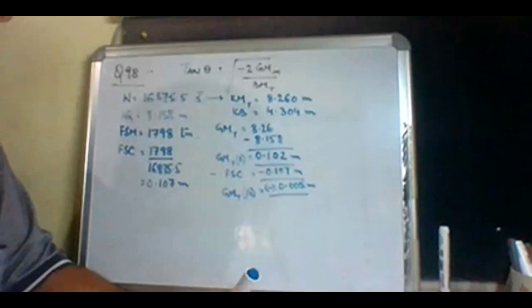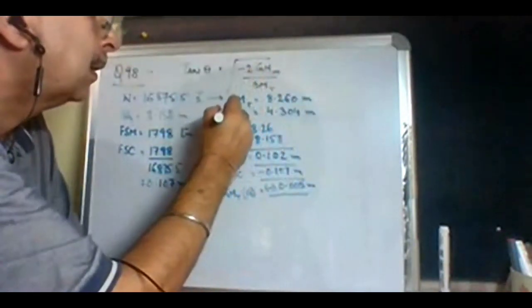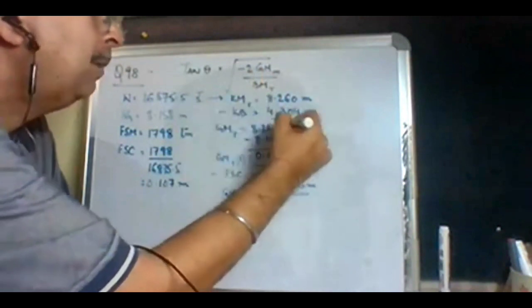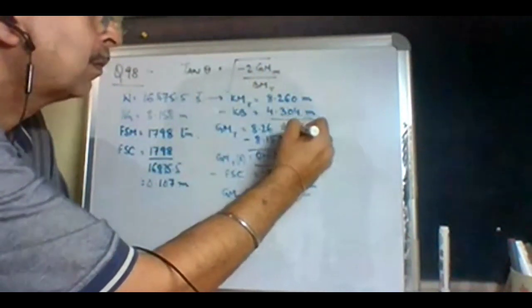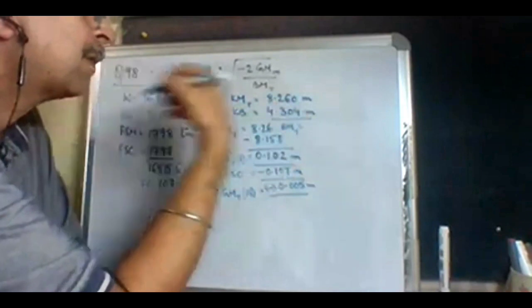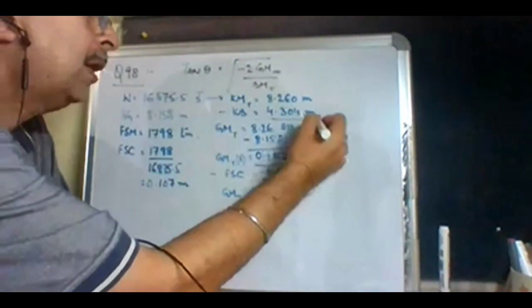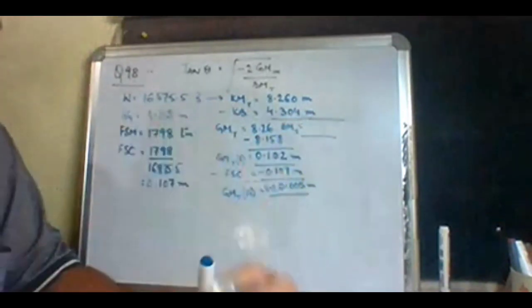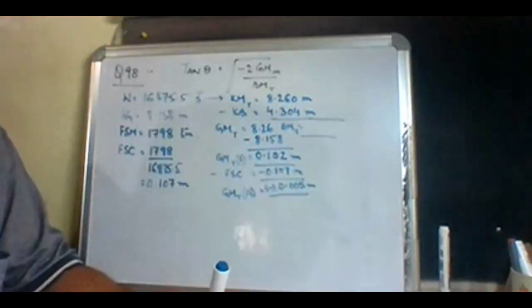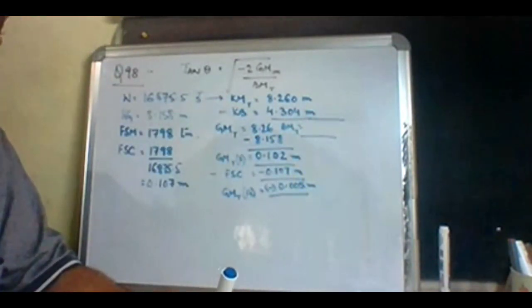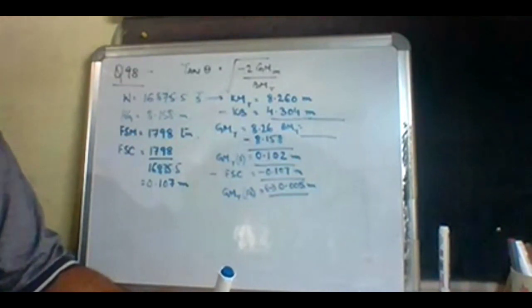Similarly, KMT minus KB will give me BMT.